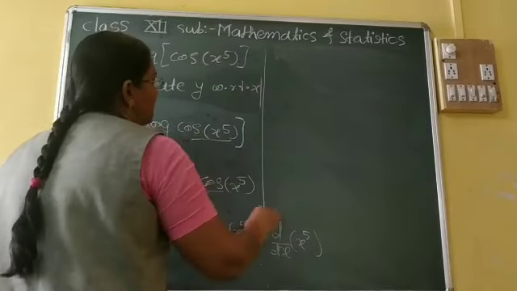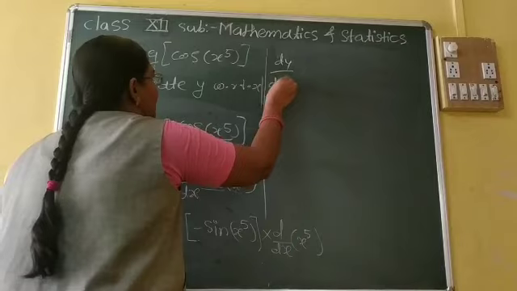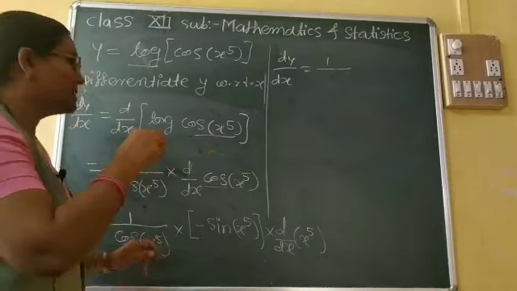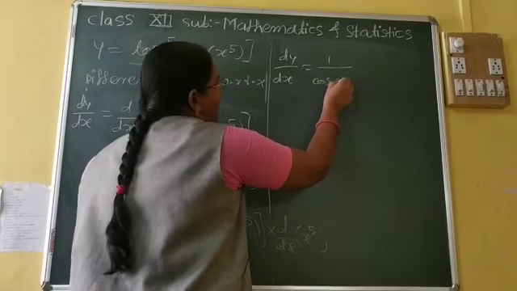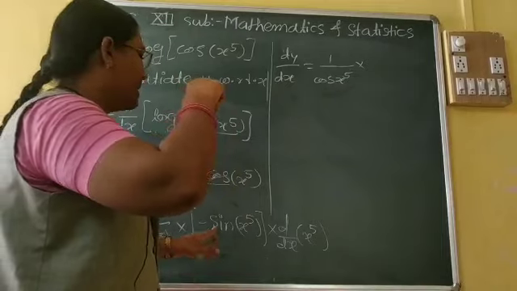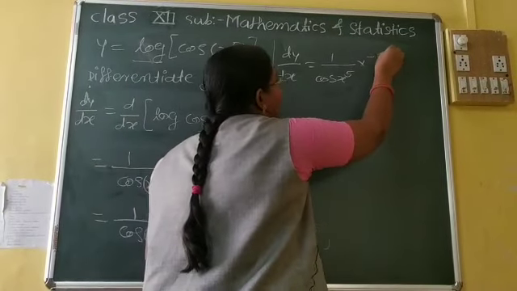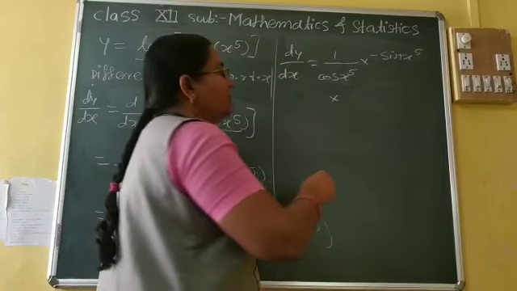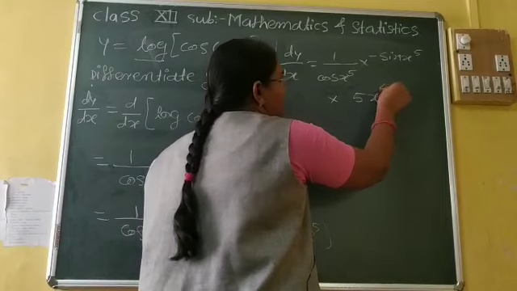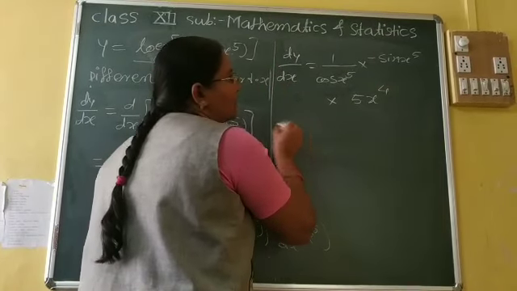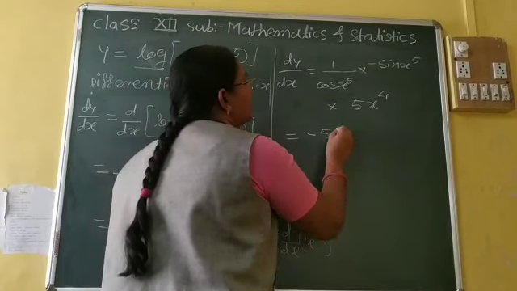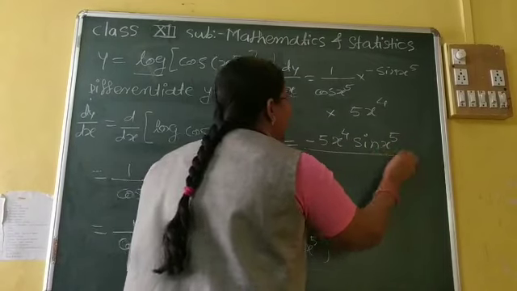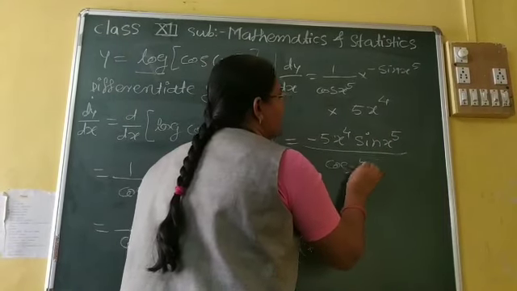We get the answer dy by dx is equal to 1 upon cos of x raised to 5 into minus sine of x raised to 5 into the derivative of x raised to 5, which is 5 into x raised to 4. By using the formula for the power function, the answer is minus 5 into x raised to 4 into sine of x raised to 5 divided by cos of x raised to 5.